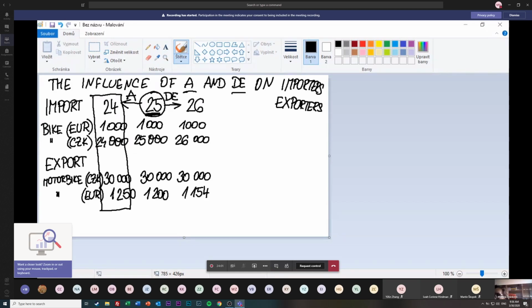You can see that because of appreciation, the imported products are now cheaper. And the exported products are more expensive.